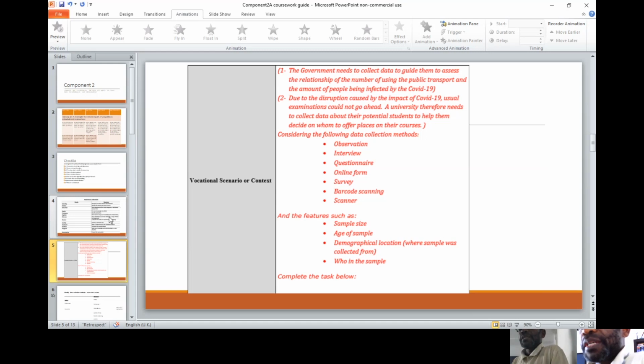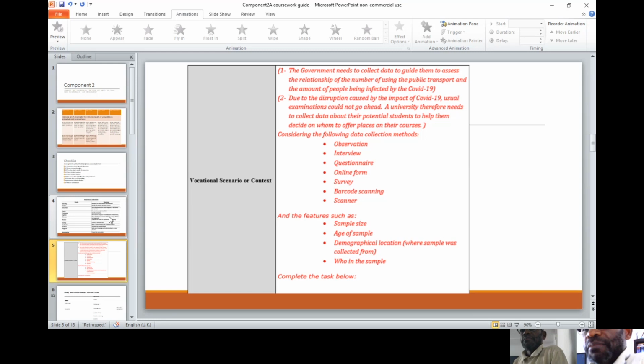And you have to consider the following data collection methods: observation, interview, questionnaire, online form, survey, barcode scanning, and scanner.